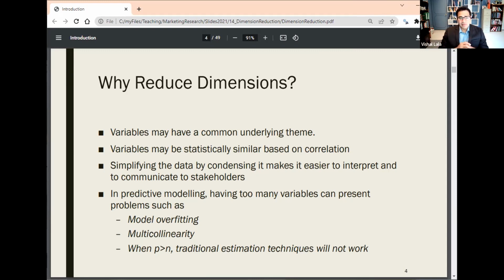Or it might result in high levels of multicollinearity, which may lead to very aberrant inferences. Lastly, if you've got too many variables in your data set, more so than your number of observations, it may not even be possible to conduct certain predictive modeling techniques like linear regression.